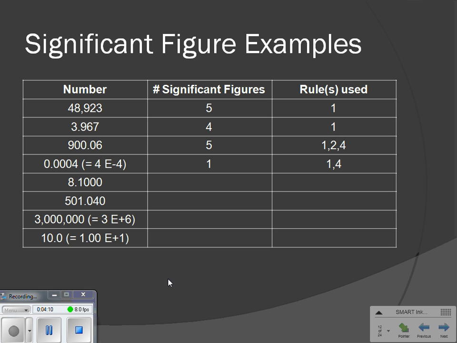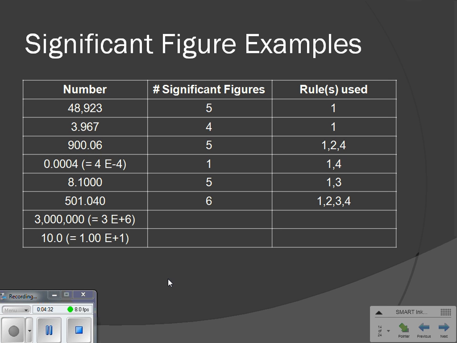Our next number, 8.1000. There are 5 significant figures based on rules 1 and 3. 501.040 has 6 significant figures based on all 4 rules.